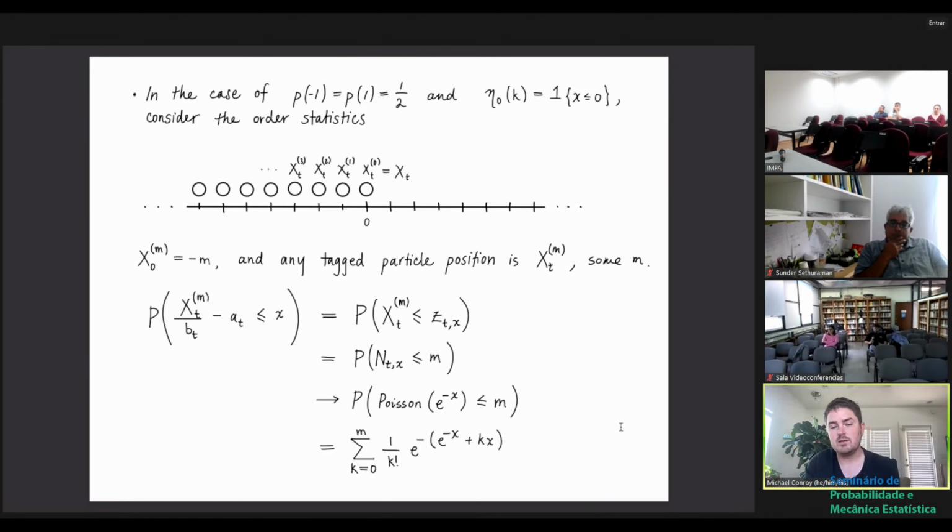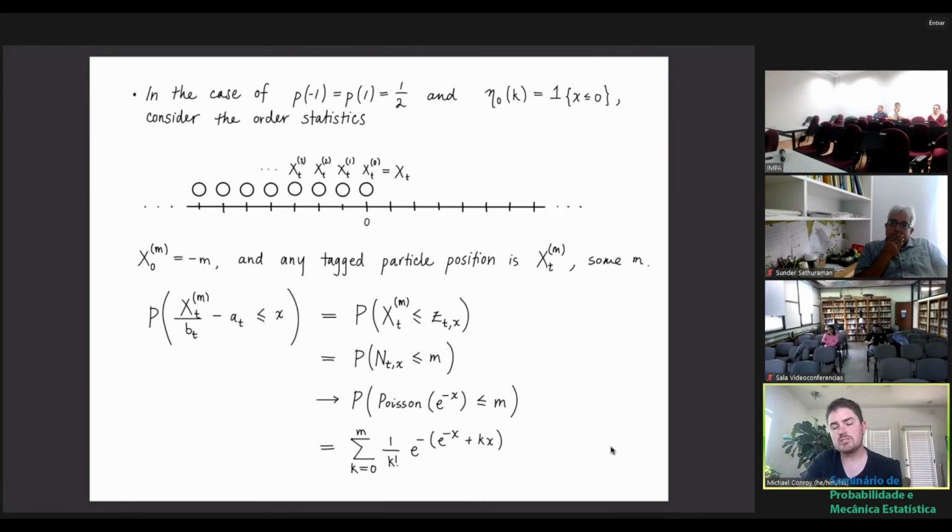That we have full convergence of the law of n. And so by considering the order statistics, any tagged particle position is an order statistic. And since we have convergence in distribution of n, we can rewrite the CDFs of all these order statistics in terms of a probability involving n, and we also have that convergence. So we have the limiting distribution of any tagged particle in that case.